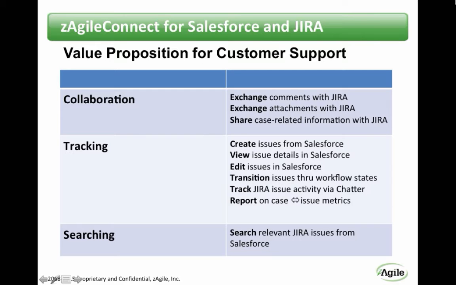So with zAgileConnect, in integrating Salesforce and JIRA together, we really look at what the support agent needs in terms of becoming more efficient and being able to rapidly turn around customer reported cases, problems, requests for information, and so on. So we focused on collaboration between support teams and product development.